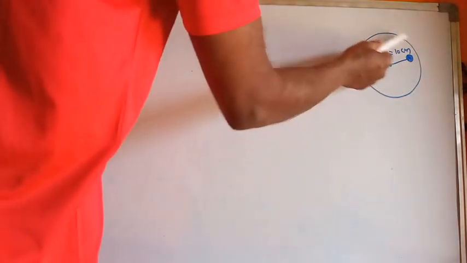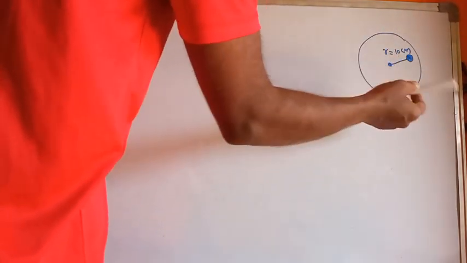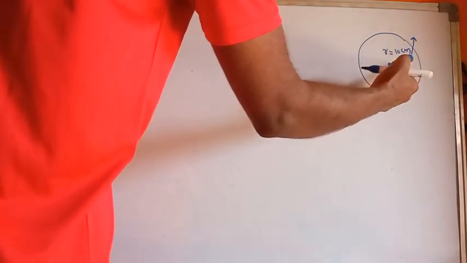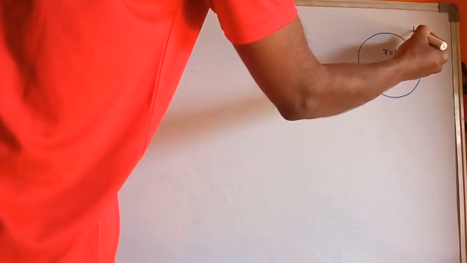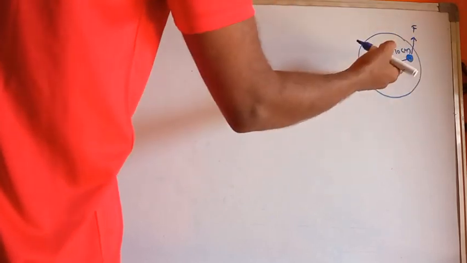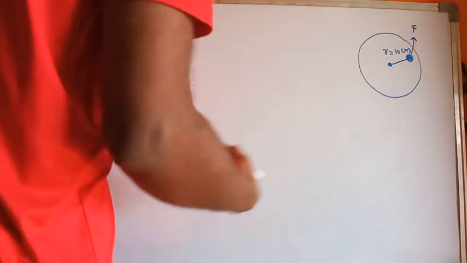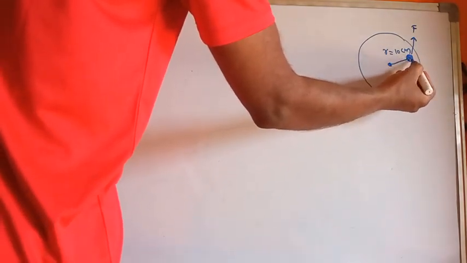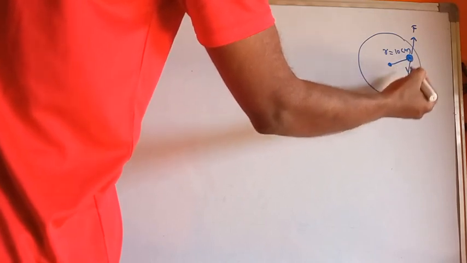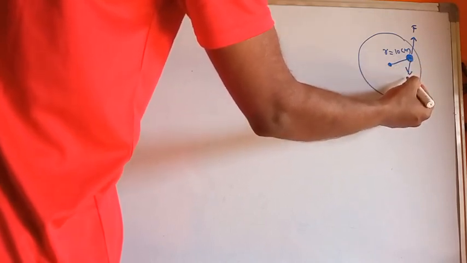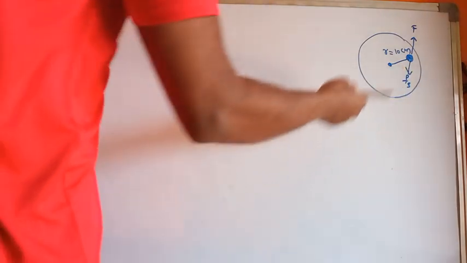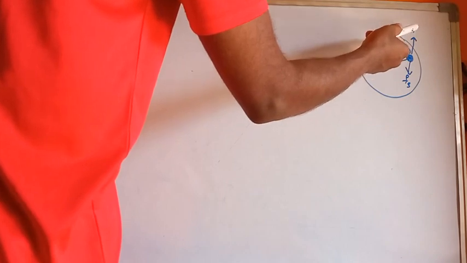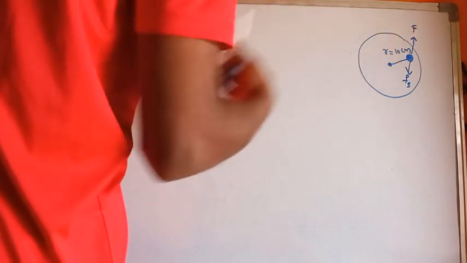While this turntable is rotating, this coin may try to move out from the center because of the centrifugal force, which acts outward from the center. But the frictional force between the turntable and the coin keeps it at rest. So this frictional force is cancelling the outward centrifugal force.